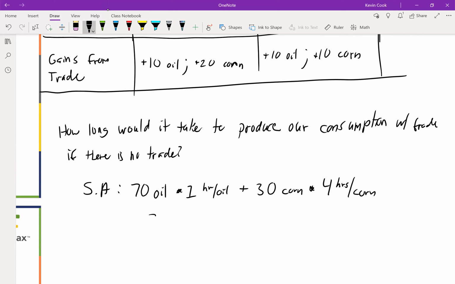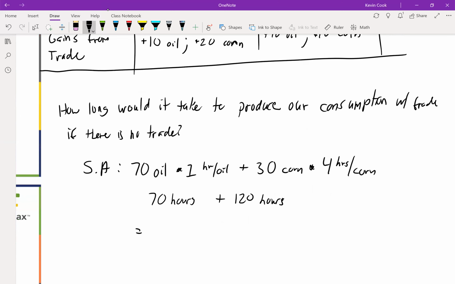This means that they're spending 70 hours on oil. But then 30 times 4 is 120. So they would have to spend 120 hours on corn. So for them to produce this output, they would have to work 70 and 120 is 190 hours.